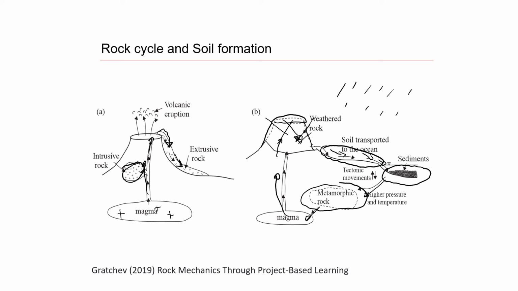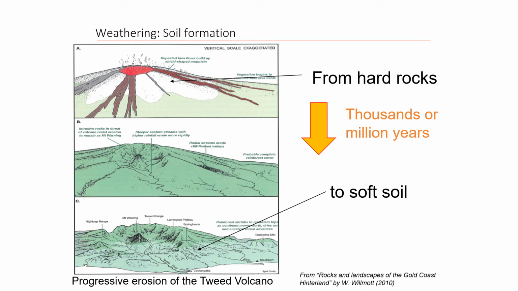Soil can be of very fine material like clay, or it can be a coarse material like sand. This is a very good example that we have on Gold Coast at Tweed volcano. Billions of years ago, it was a great volcano with lots of magma going out of this.